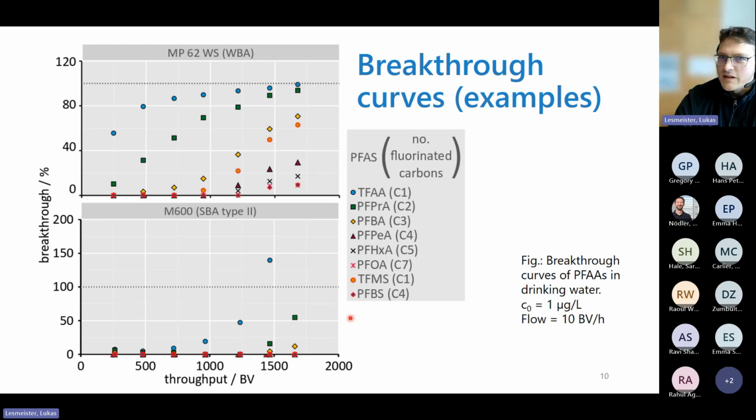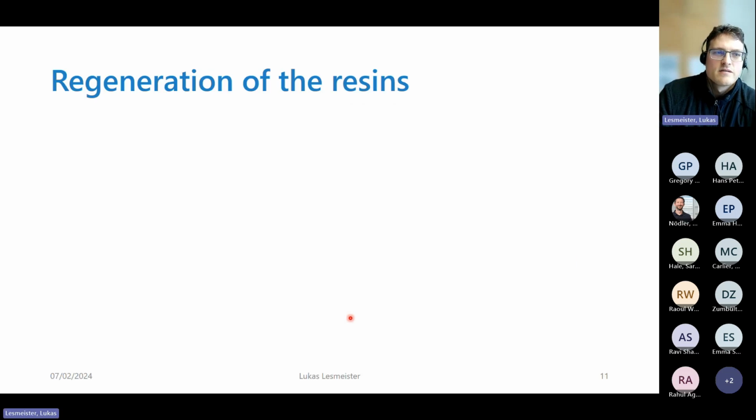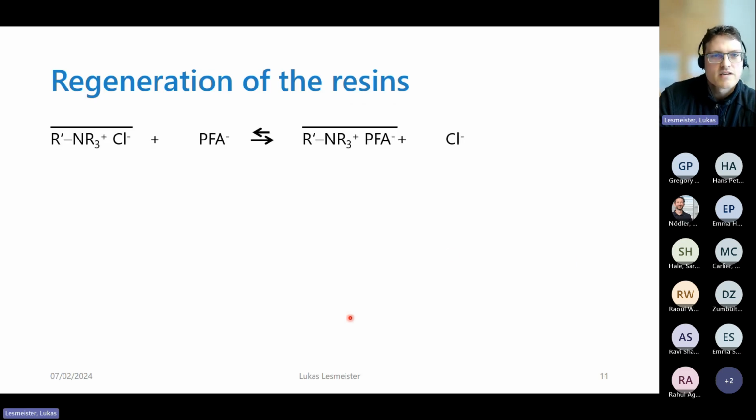So why would we still want to use weak basic resins? And the answer to that is regeneration. So I told you that this reaction is also reversible, and we can achieve this by increasing the chloride at this site, for example, and then increase the chemical potential and push the equilibrium to this side so that the attached PFAS is released again.